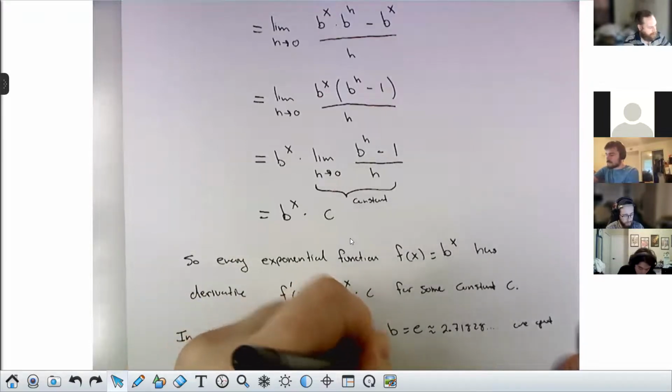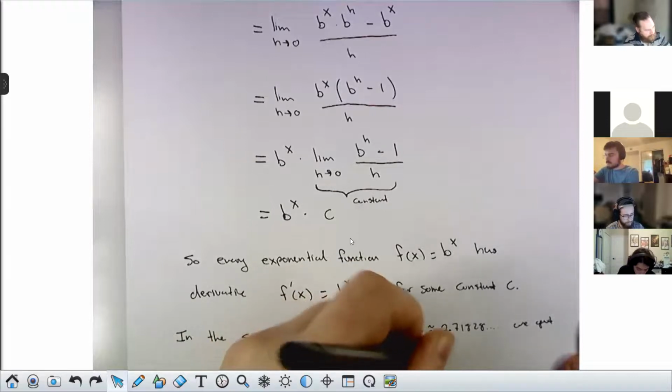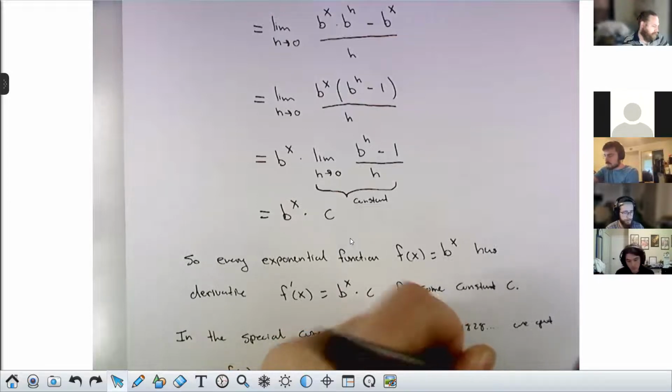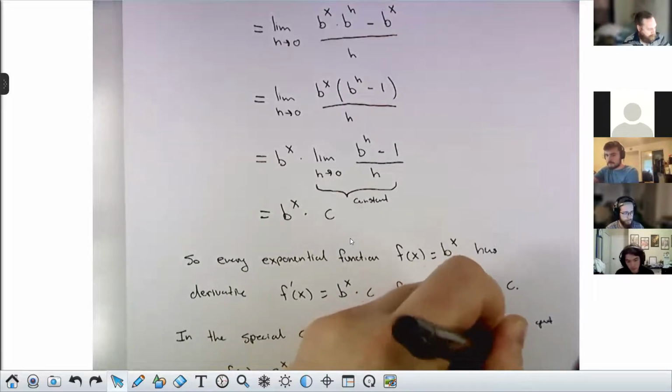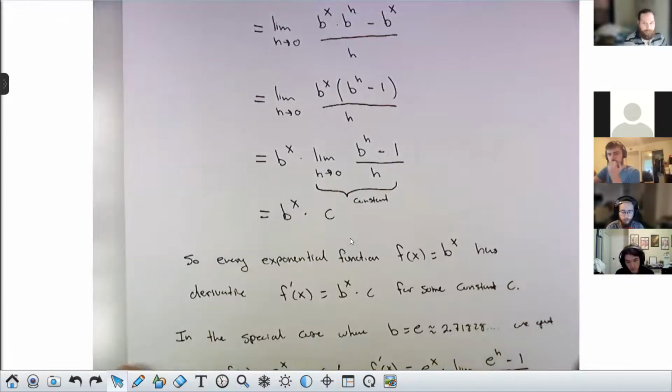And f prime of x would be e to the x times the limit as h goes to 0 of e to the h minus 1 over h.